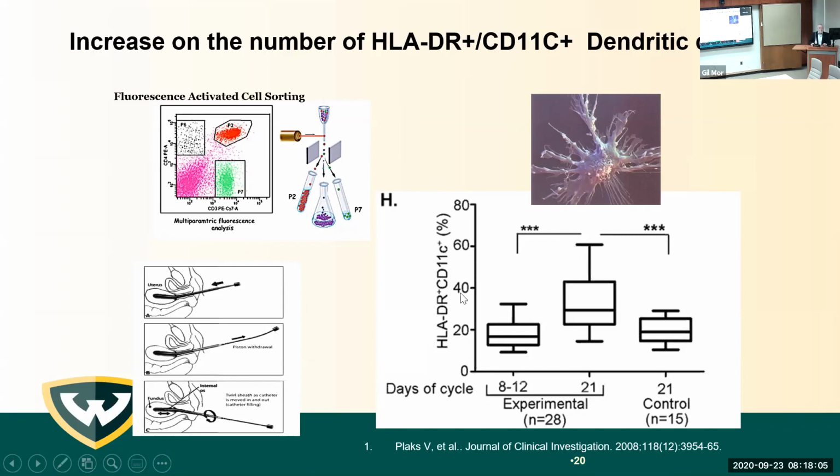These markers correspond to dendritic cells. And the interesting thing is, you can see here, the biopsy on day 8 or 12 has a very low number of HLA-DR positive, CD11c positive dendritic cells. However, when we take the second biopsy on day 21, in all those patients, the percentage of HLA-DR CD11c positive cells had increased significantly.